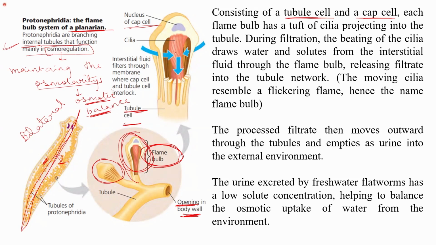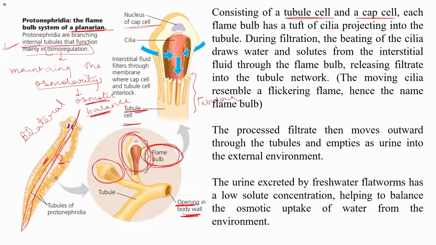We can clearly see the tuft of cilia here, a group of cilia projecting into the tubule. This lower one is the tubular part. So these cilia project into the tubules.